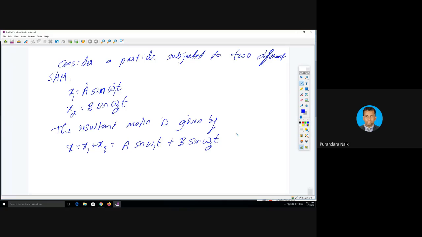Okay, so the graph, I will give you the video. I'll show you the video in the next class, please. For time being, you just copy this, the beat phenomenon. Okay, this is the displacement.